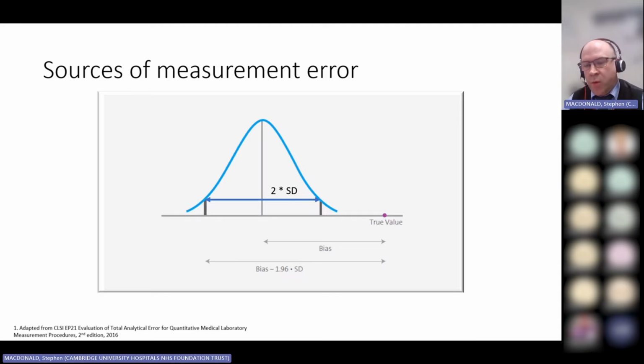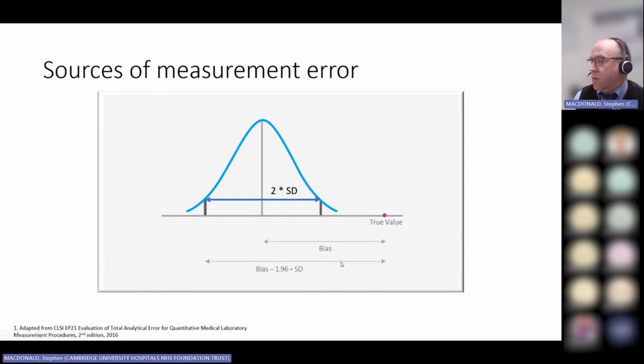So every measurement will have an amount of bias. Every measurement will have an amount of random error in there. And it's the combination and the magnitude of those two things together which determine the quality of the result against the true value. So we can see here that actually, if the true value is away over on the right-hand side, there's a reasonable probability that way over where this black line is on the left-hand side, that a result could lie.